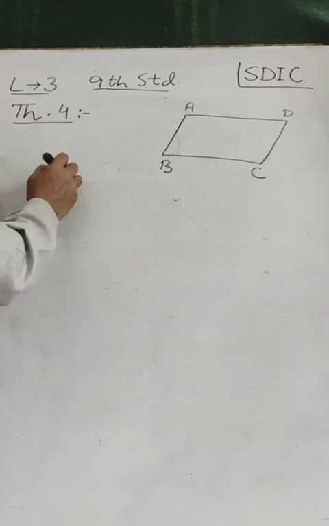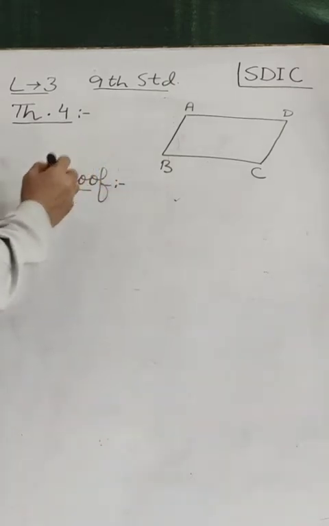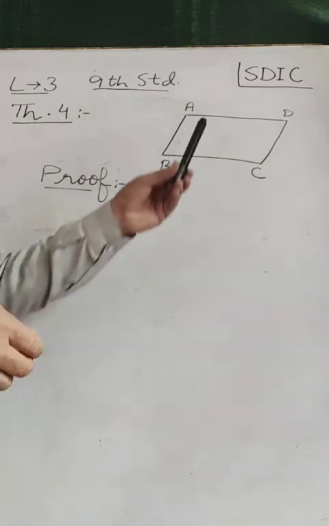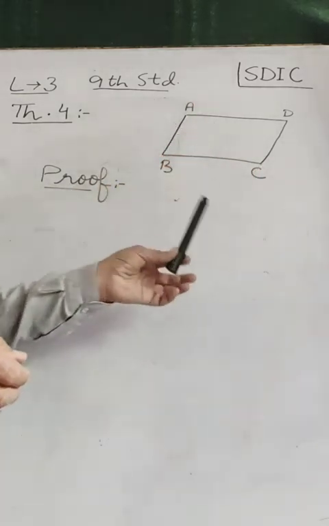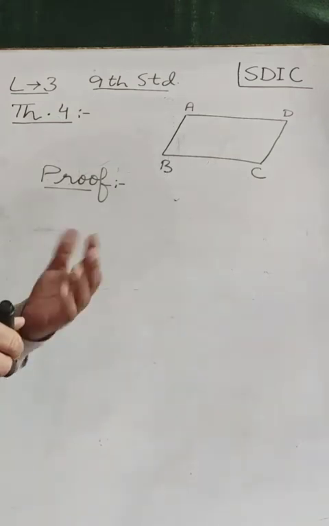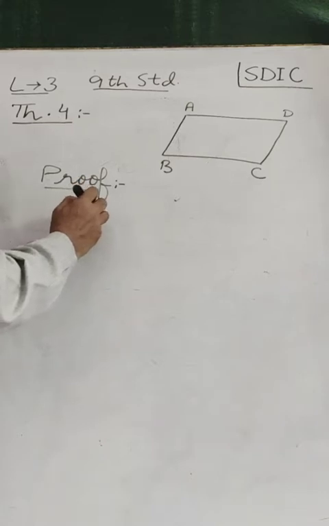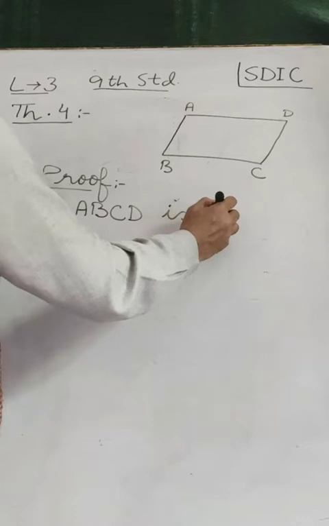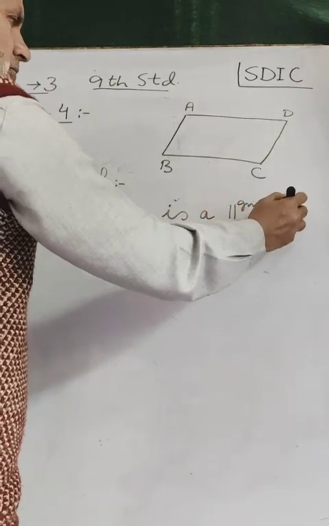Then let us begin the proof of this. And the proof will begin again with definition. Knowing that ABCD is a parallelogram, definition says its both pairs of opposite sides are parallel. One by one we'll consider both those pairs. Begin. ABCD is a parallelogram. Write in the bracket given.